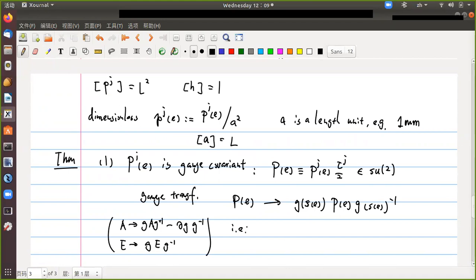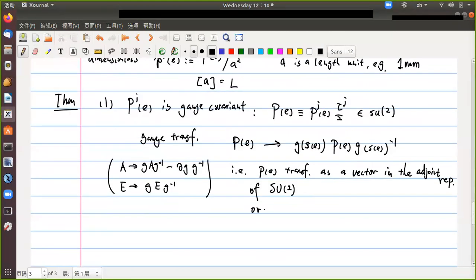Okay, so namely, P E transforms as a vector in the adjoint representation of SU2, or equivalently, E belongs to the Lie algebra SU2, because the adjoint representation is a representation of a Lie group on its Lie algebra.